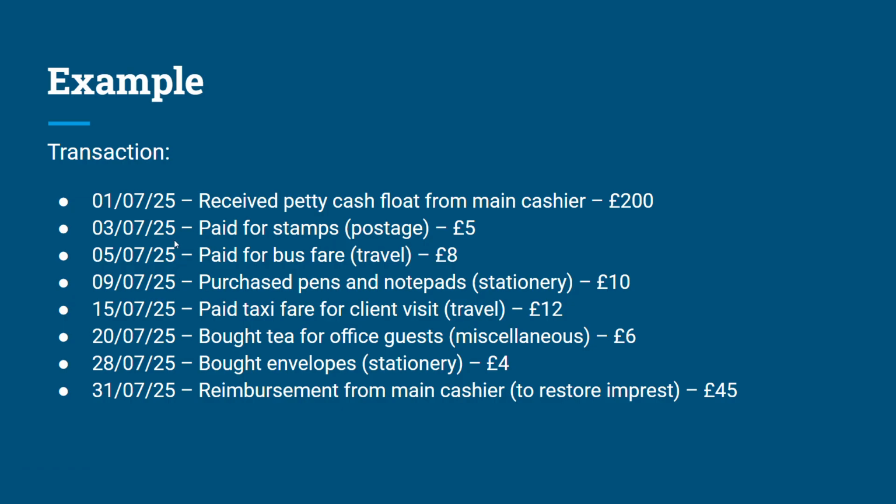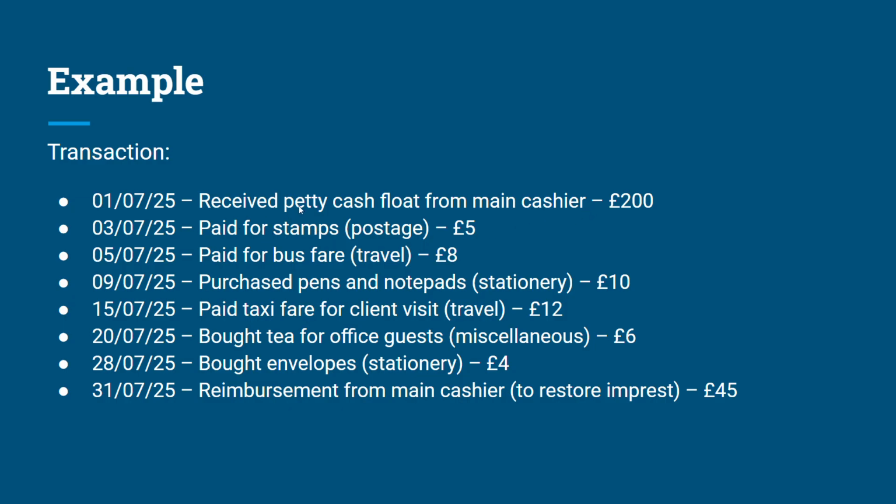On the 1st of July, the petty cash float receives from the main cashier 200 pounds. We change the currency here, so dollars, pounds, whatever you use, it doesn't matter.